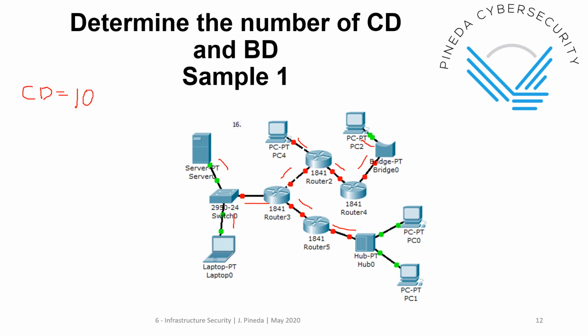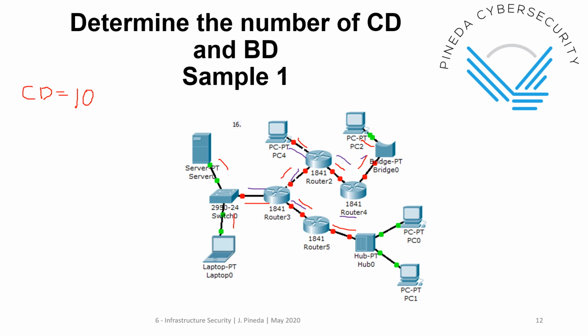How about for broadcast domain? So in the broadcast domains, only the router has one broadcast domain per interface. So let's count. So we have 1, 2, 3, 4, 5, 6, and 7.